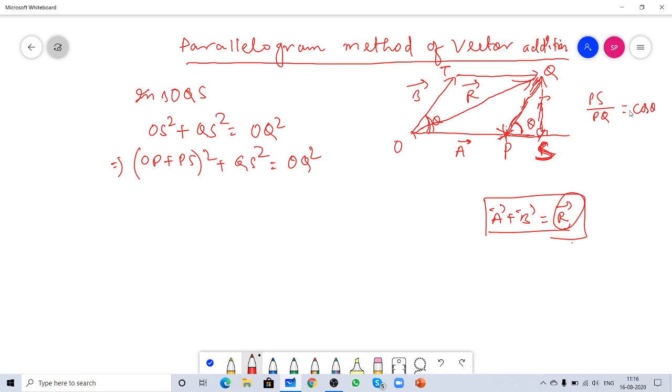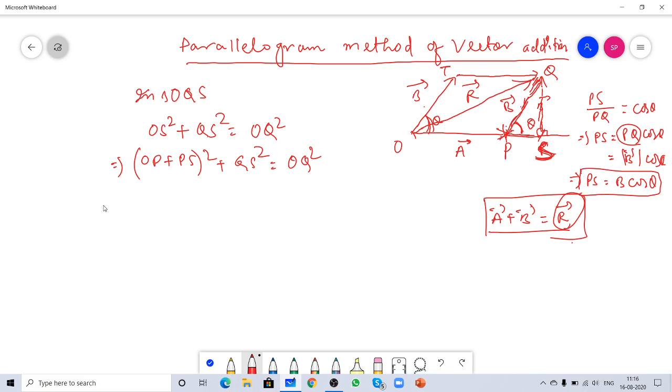So B by H is cos theta, or you can write PS is equal to PQ cos theta. What is PQ? We have shifted B vector here, right? So PQ is B vector magnitude. So PS is B cos theta, I can write.